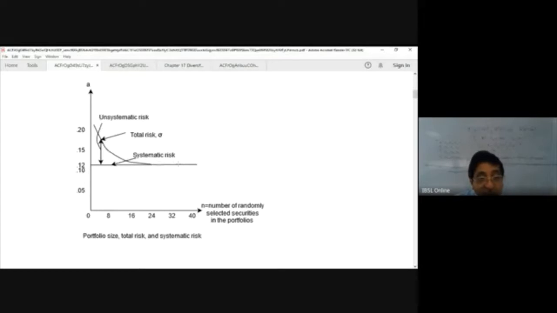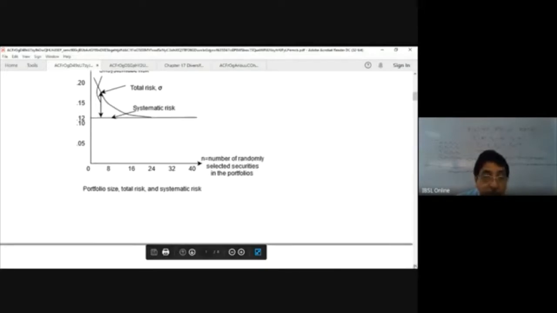It stays at the same level. That particular level is called the systematic risk. If you put an arrow line here, that is the amount of systematic risk. I think you get an understanding here.